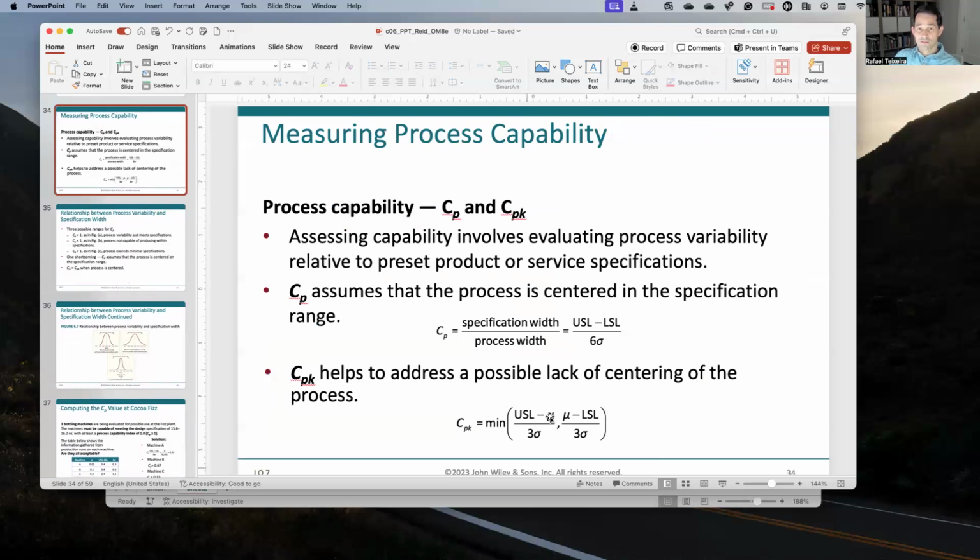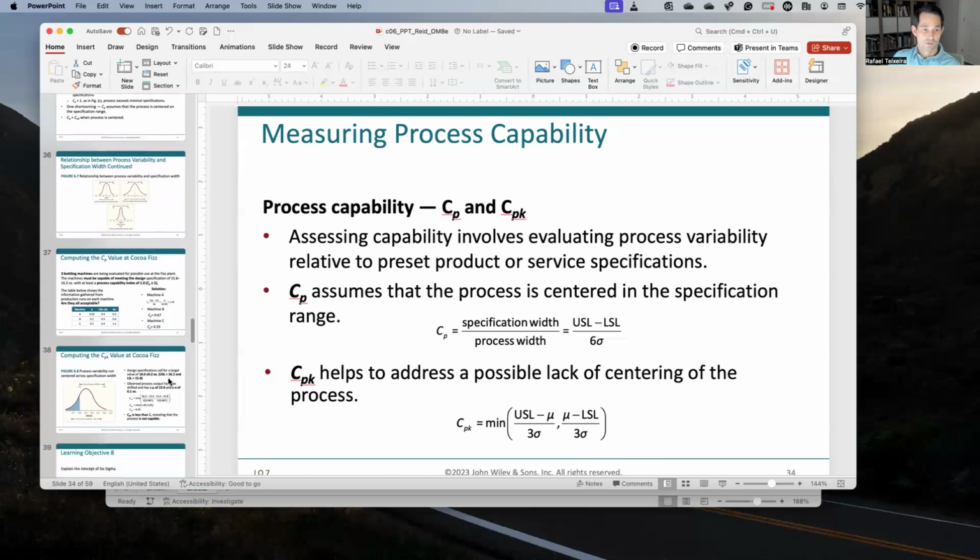What this is saying is, I want the minimum between two values. This is the first value, this is the second value, and I want the minimum of these two as my final answer. So what we're going to do today is compute in Excel this value, compute in Excel this value, and then enter a formula so Excel tells us which one of the two is the smallest, and that's our CPK measure.